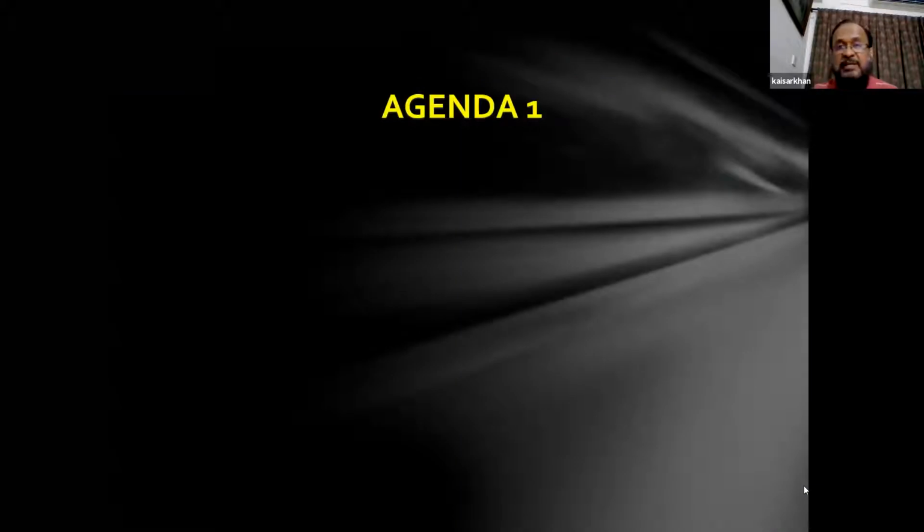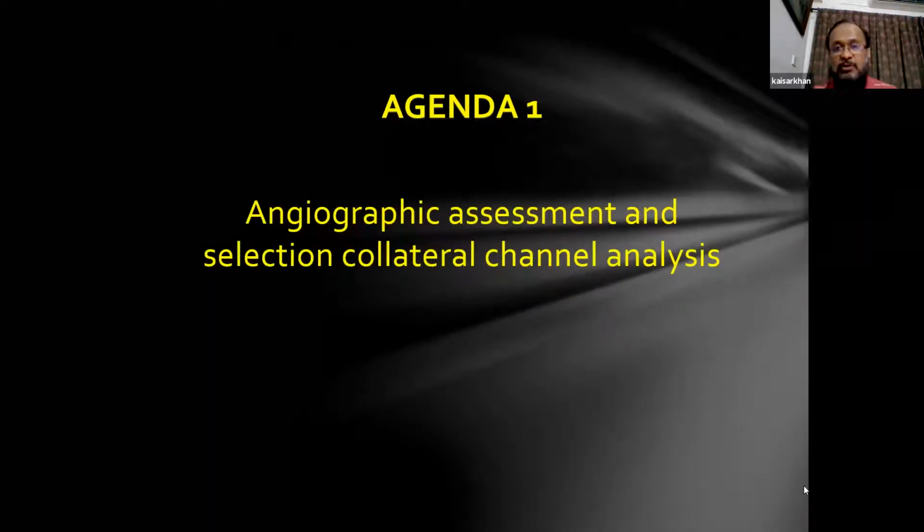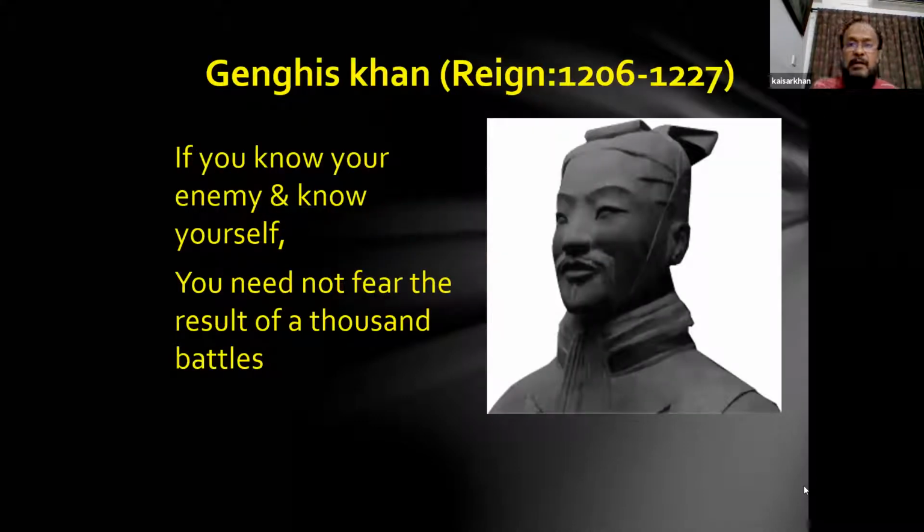Now let's take my agenda today. Agenda 1: angiographic assessment and selection, collateral channel analysis. Genghis Khan reigned over half of the world from 1206 to 1227. His famous quote, he never lost a battle: if you know your enemy and know yourself, you need not fear the result of 1,000 battles.